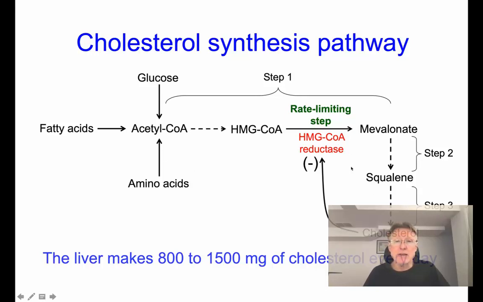Another important thing about this endogenous cholesterol synthesis pathway is that, knowing that this enzyme can be regulated, the pharmaceutical industry created a drug that can voluntarily stop the production of cholesterol by inhibiting this enzyme. And that's what statins actually do.